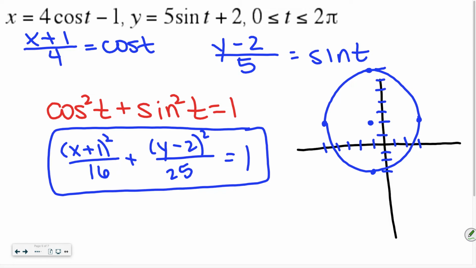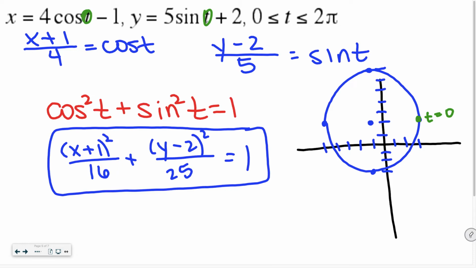It seems positive. What would be a way to mathematically tell? Let's plug in 0. If we plug in 0 for t, we would get the coordinate 3, 2.